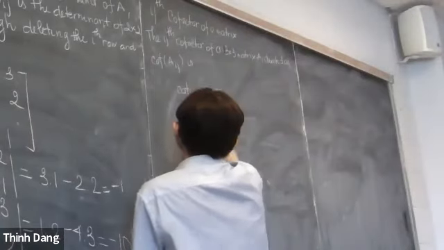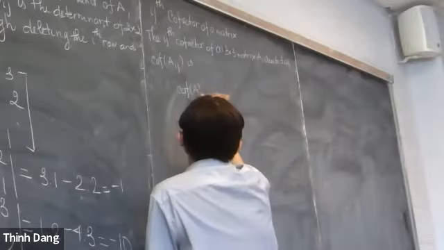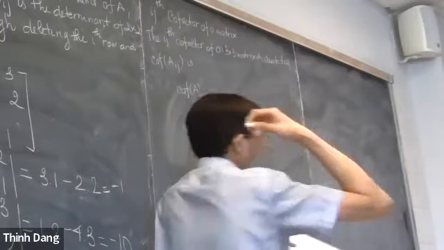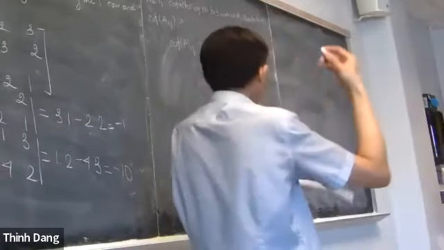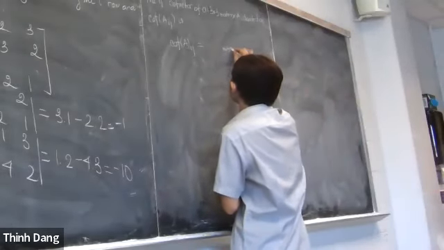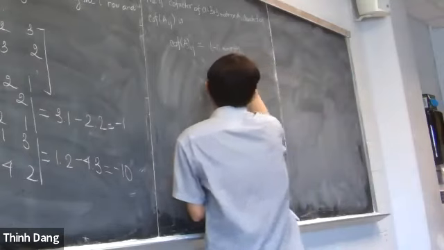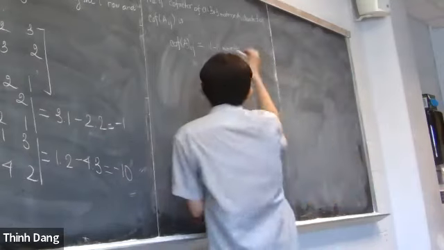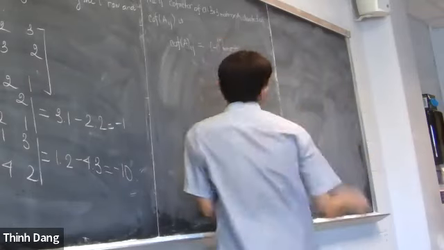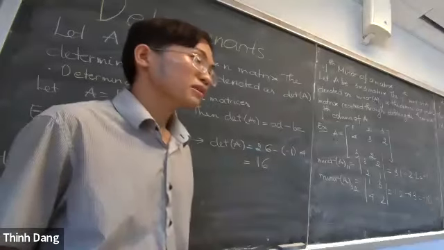The formula for a cofactor is pretty easy. The ij cofactor of A is equal to the minor Aij, but we multiply this number by -1 to the power of i plus j. As you can see, the ij minor of a matrix is already a number.